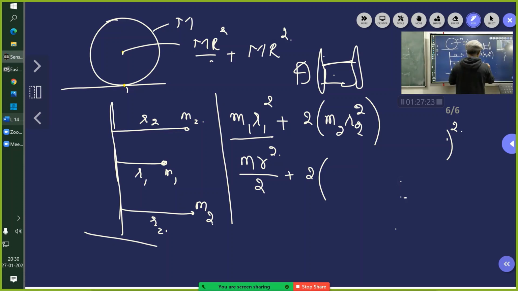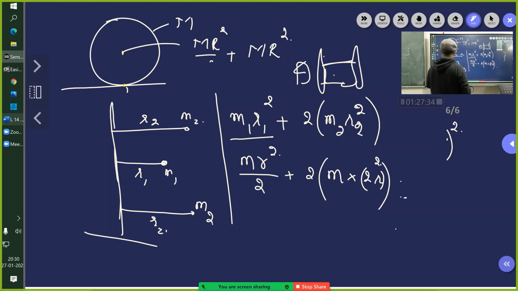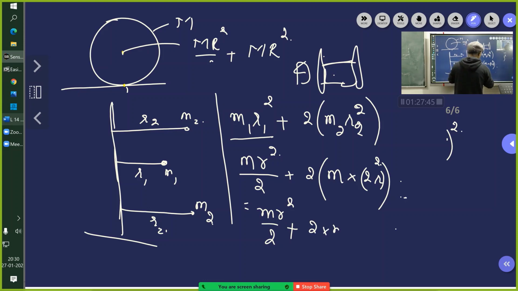So this m2 is again m, but r2 will be 2r. They have told it is 2r. So here you will get mr square by 2 plus 2 into m into 4 r square, divided by 2. This should also be divided by 2.